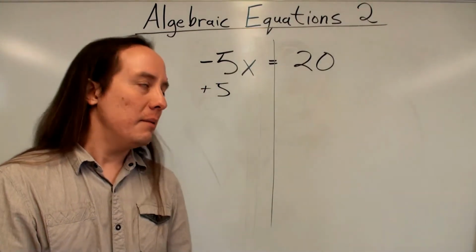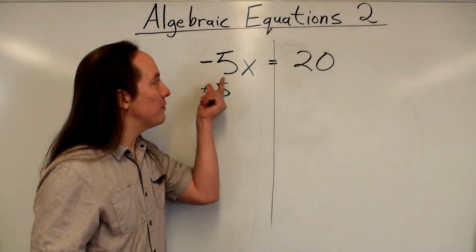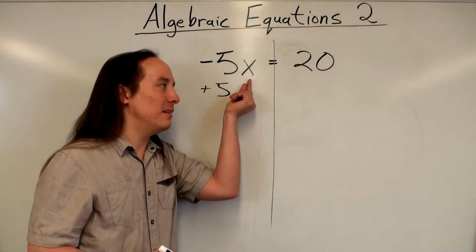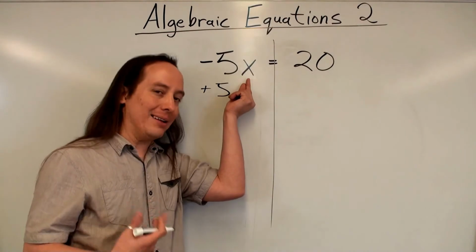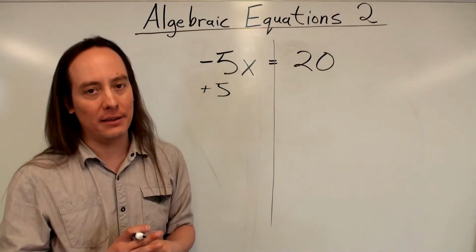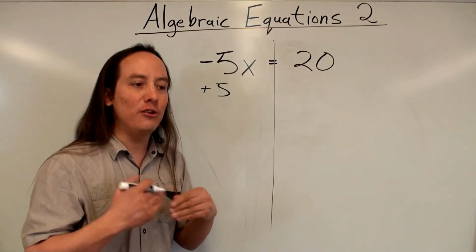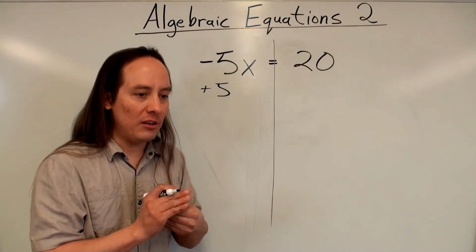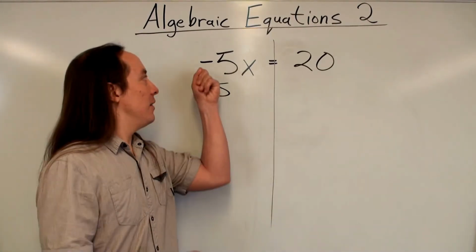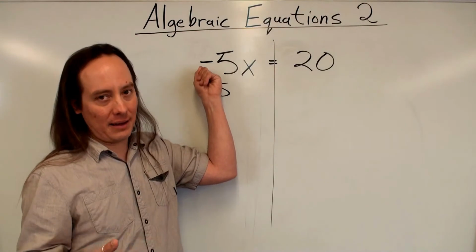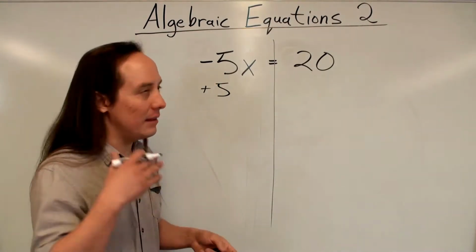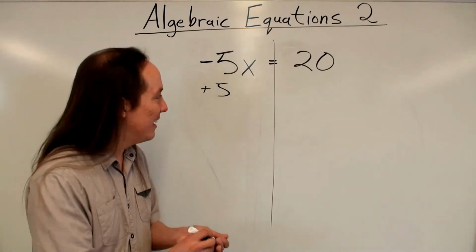It's not right, because originally the minus 5 isn't subtracted from the x or added to the x. It's actually multiplied to the x, and that multiplication is more important than this negative or minus sign. So it's not a minus in the conventional sense.